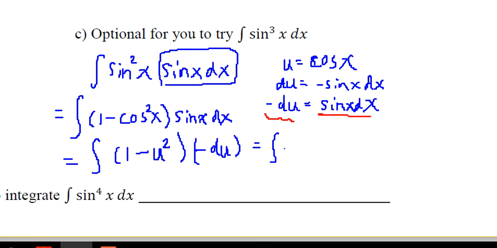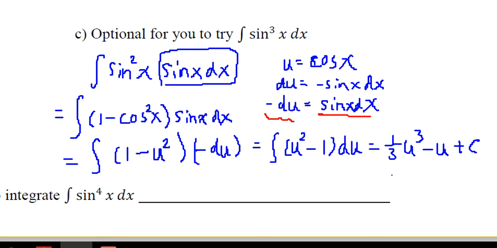Now I just swap the negative sign, multiplying, and you have u squared minus 1 du. And at the end, you have 1/3 of u cubed minus u. Don't forget the c. And then certainly you want to plug in the u, plus a c. So that's it for this particular example.